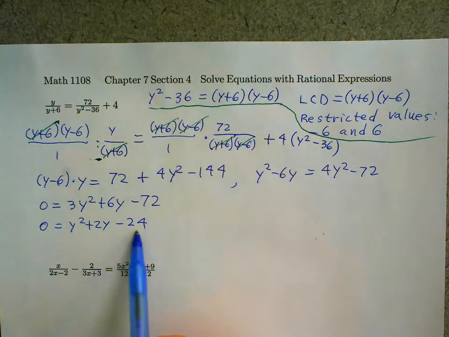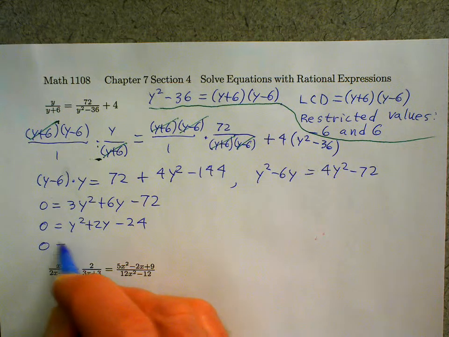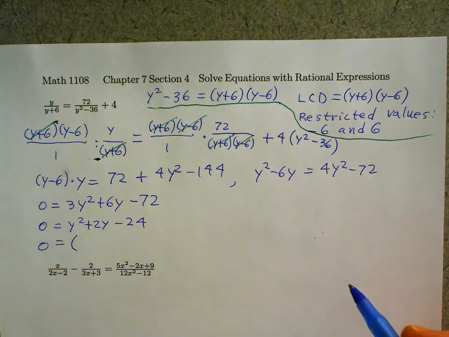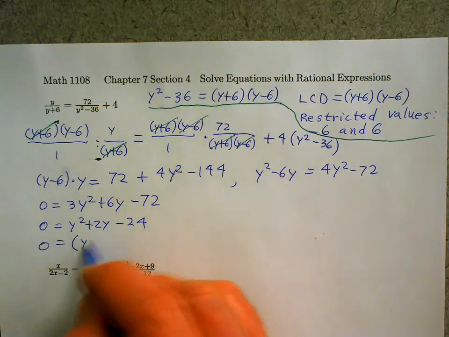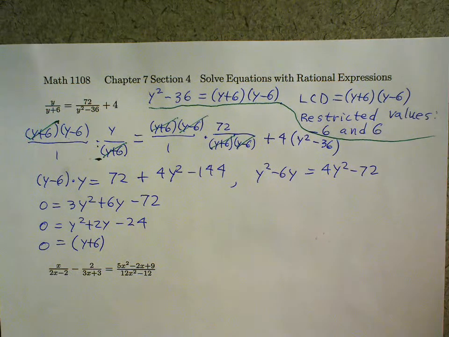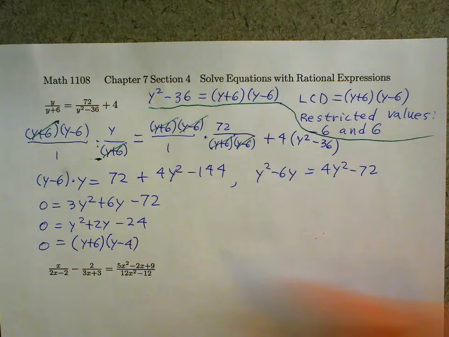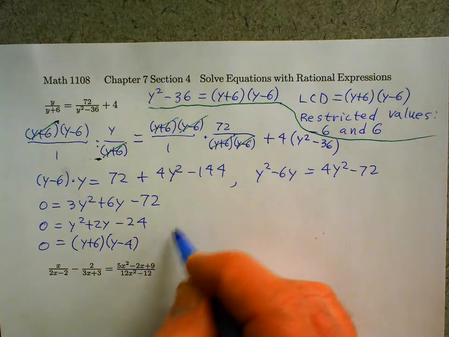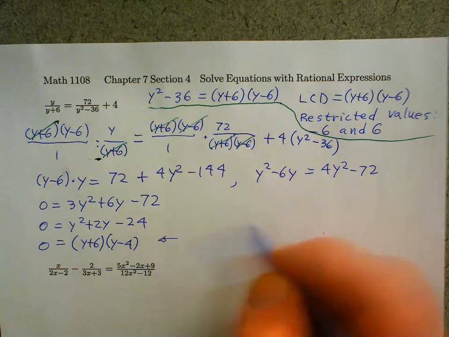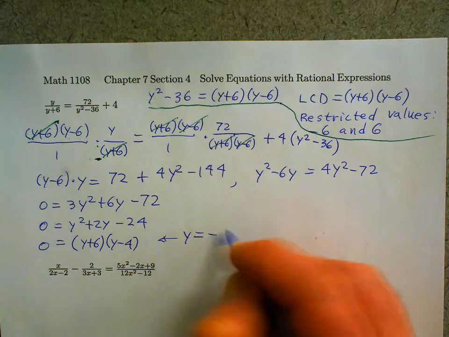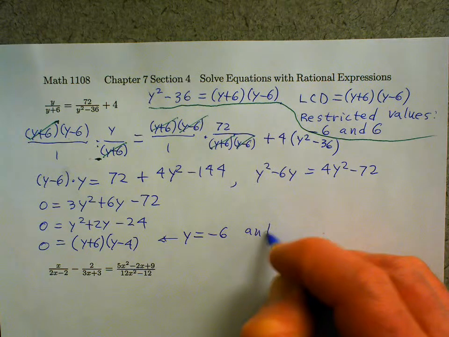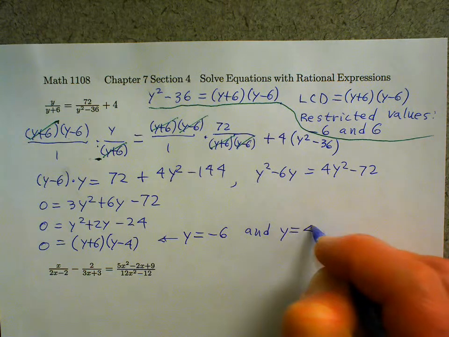And this factors pretty nicely. One of the factors is y plus 6. The other factor is y minus 4. So this equation has two solutions, y equals negative 6 and y equals positive 4.